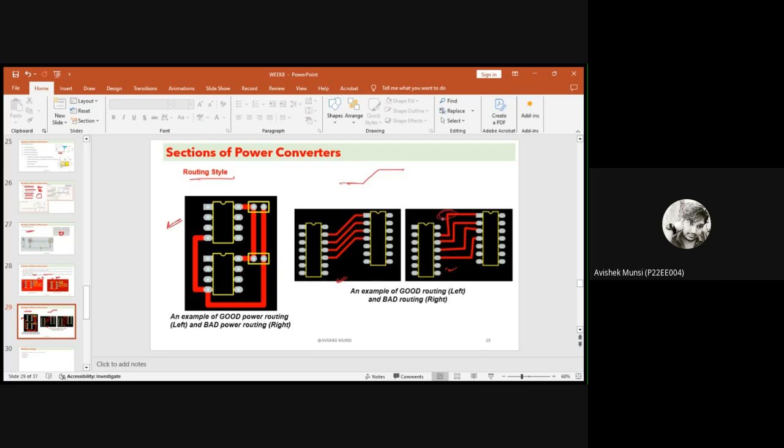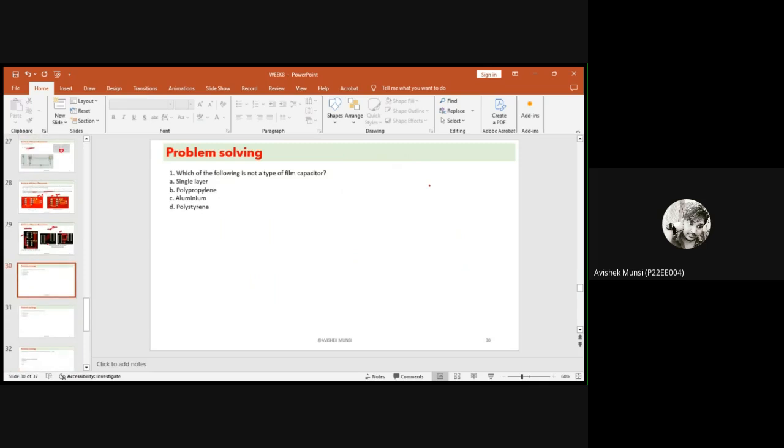A 90-degree routing is very bad. You should follow some kind of 45-degree angle, which is better for routing and will not introduce noise. If all the traces are in different lanes, that will not be good in some cases. So the routing style is one of the most important things.